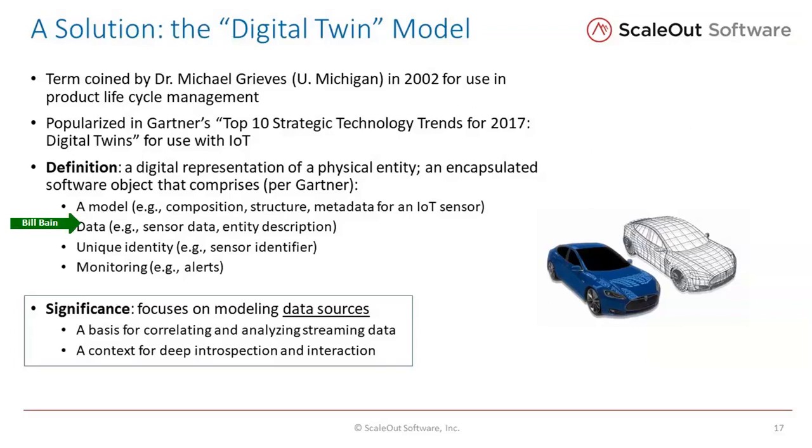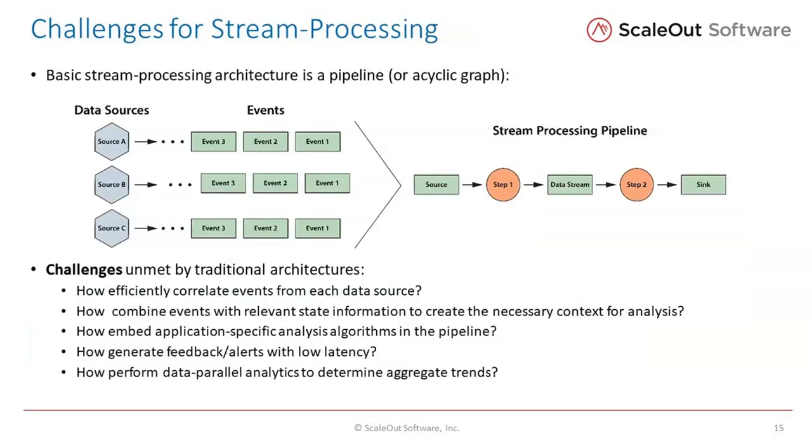Of course, it has unique identity. And then it has this notion of being monitored for alerting. So code can run that makes use of both telemetry and data associated with that data source. So what's significant here is that the digital twin model shifts the focus from the event stream to the data sources. If you look at typical stream processing, it's looking at the event stream.